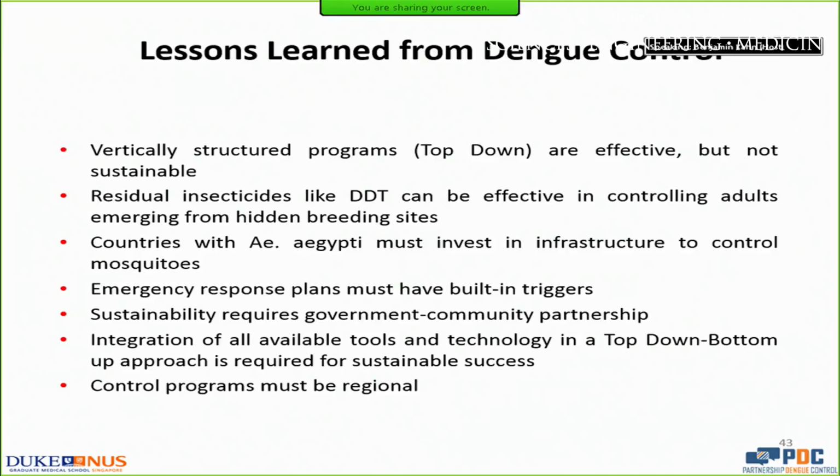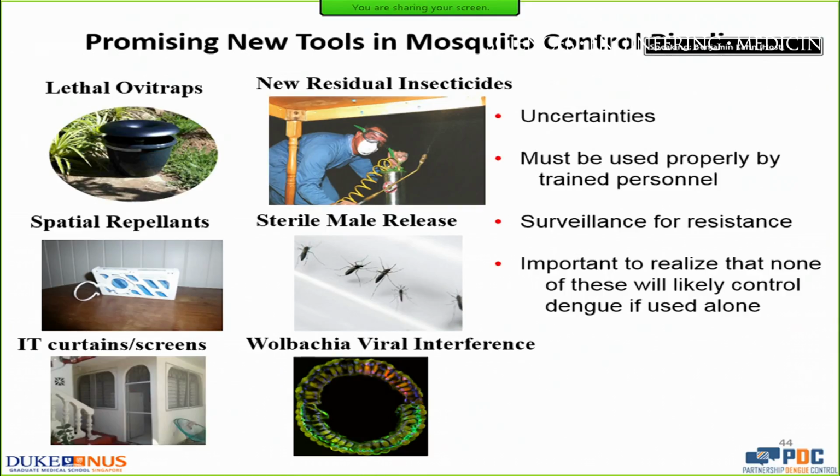And we have to have triggers for emergency response. When we know that a virus like Zika or chikungunya is arriving in a region, we have to be able to react very quickly. And we have to have sustainable government-community partnerships, an integrated approach going in both vertical directions, and the control programs have to be regional and even local.